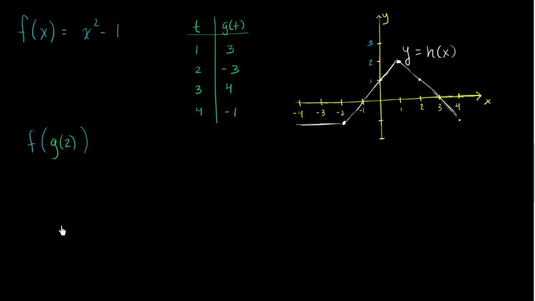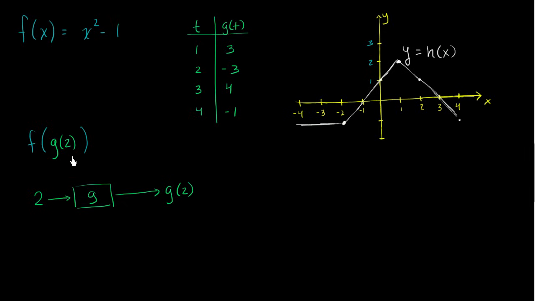Now, what do you think this is going to be? And I encourage you to pause this video and think about it on your own. Well, it seems kind of daunting at first if you're not very familiar with the notation, but we just have to remember what a function is. A function is just a mapping from one set of numbers to another. So, for example, when we're saying g of 2, that means take the number 2, input it into the function g, and then you're going to get an output, which we are going to call g of 2.